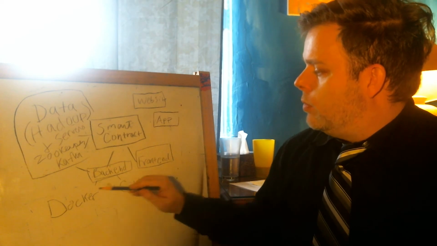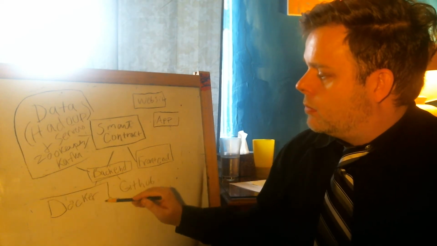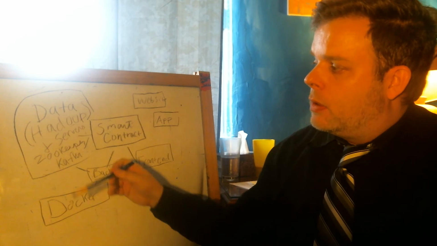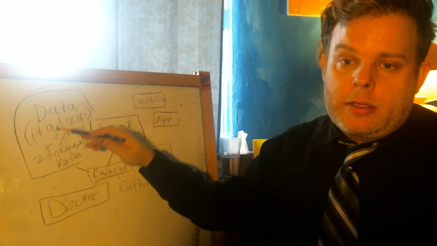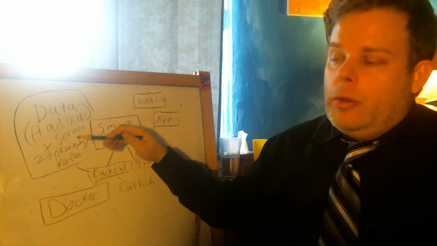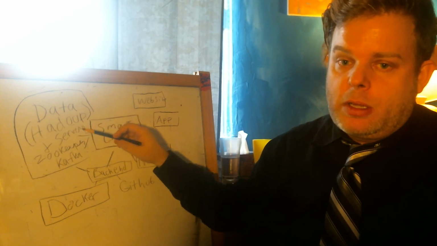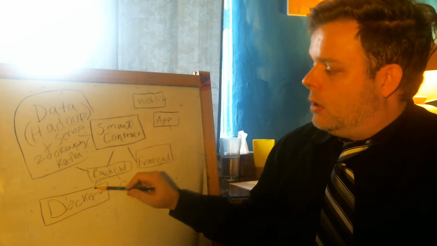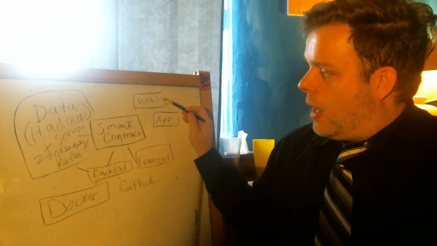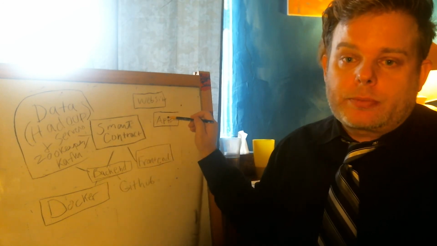With Docker, in case you have existing data, maybe you already have data in place, you can test your connection and events that will be happening with your smart contract and your apps and websites in Docker.